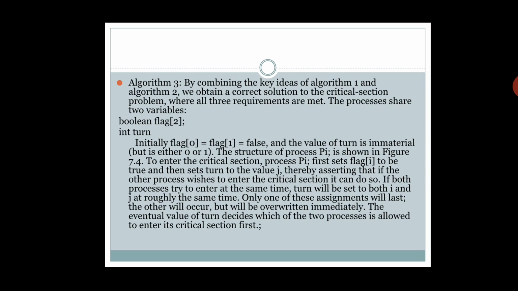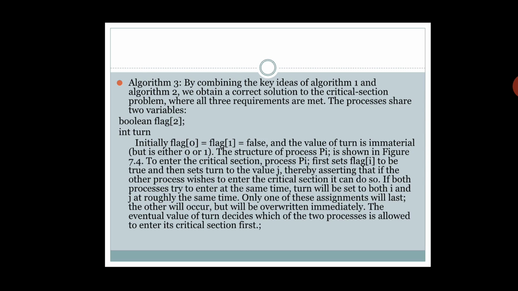So now if it is true, then it sets turn to the value j. Now there is one more variable called j, and you are setting whatever value is stored in turn to j. Now it may be 0 or 1. Ultimately you can be storing 0 or 1, and that turn value is stored in j. That is the main thing.